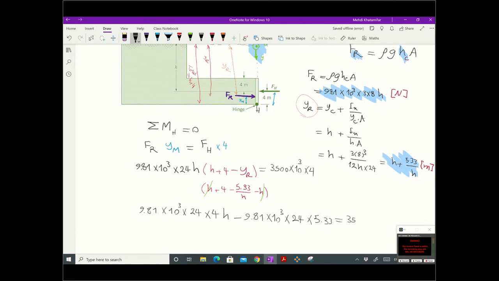The only unknown is h here, and we expect h to be something close to 3 meters.